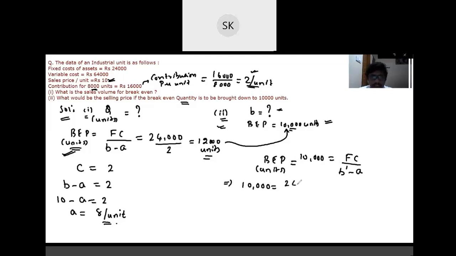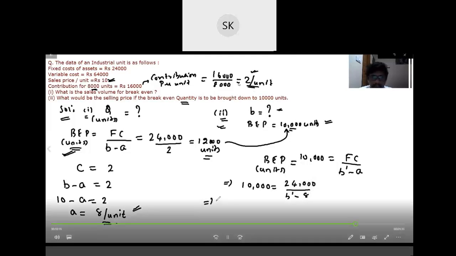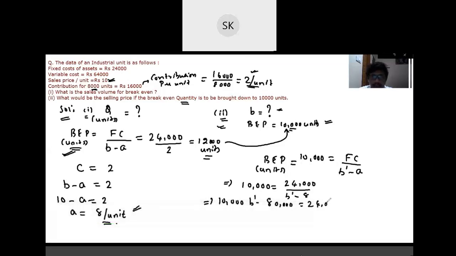How many units should be produced to break even? So the first part of the question is we need to find the break even point in terms of quantity or number of units. The second part of the question is how many units must be produced to earn a profit of 10,000 rupees.